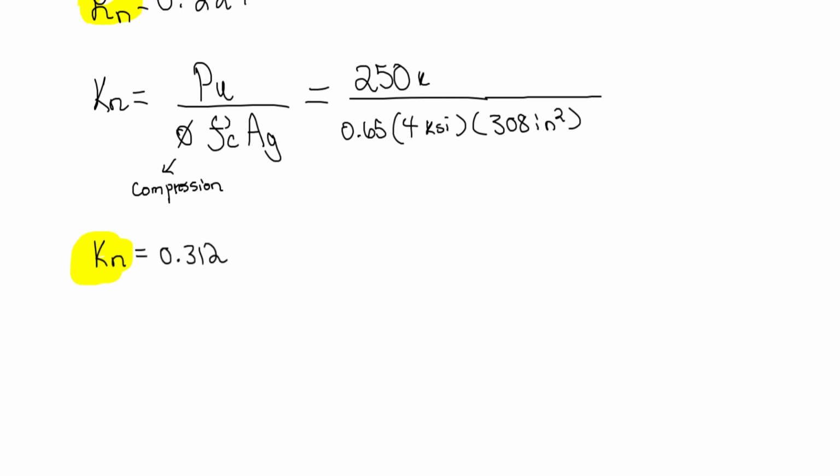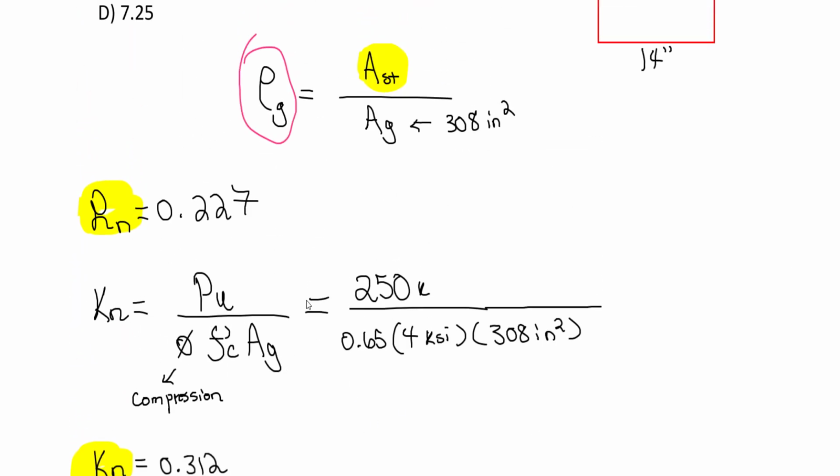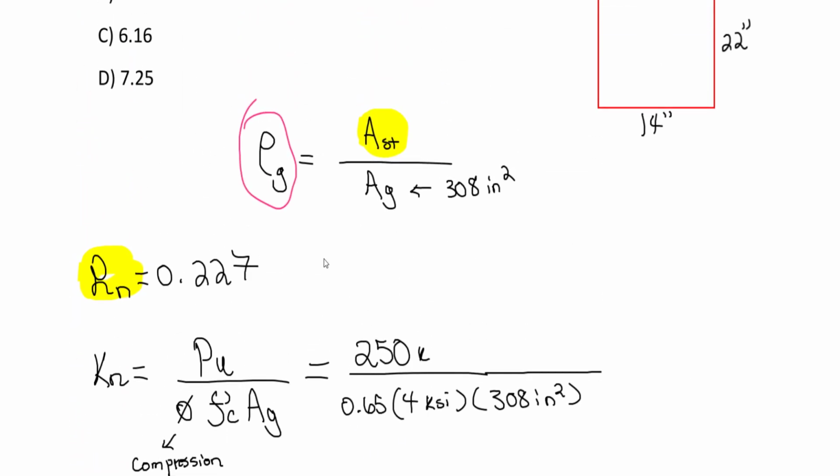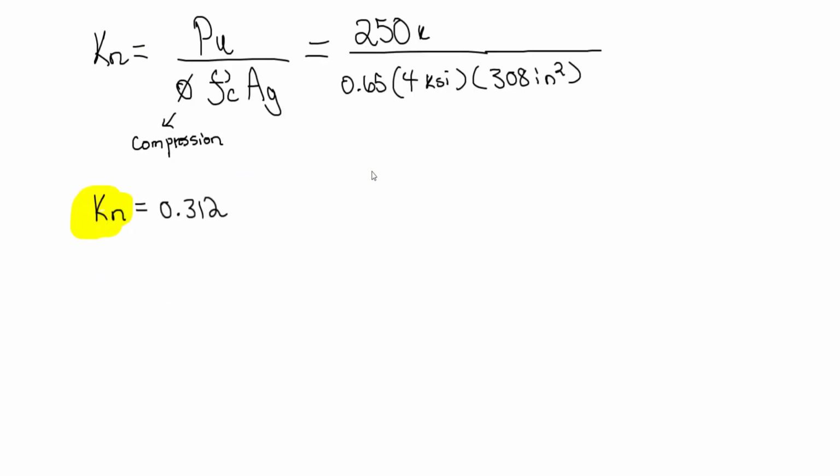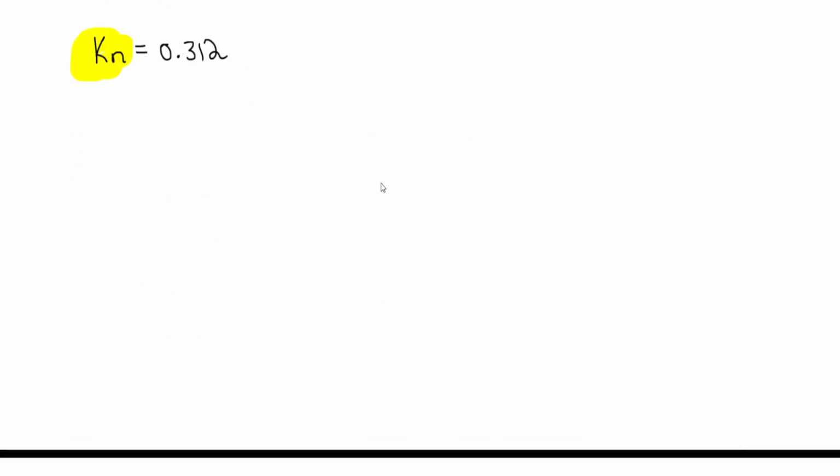So now that we have rho, it's going to be 0.02 based on that diagram. Our only unknown is A sub s, the area of steel, so 0.02 equals A sub s over 308 inches squared.